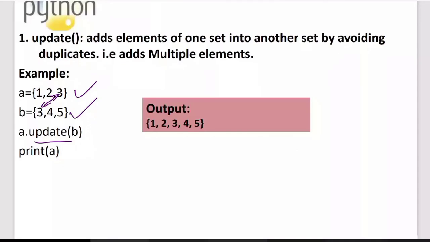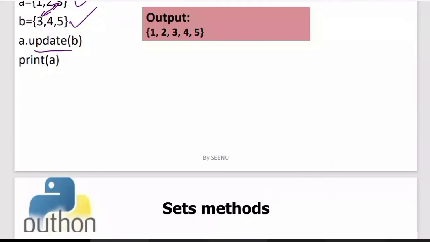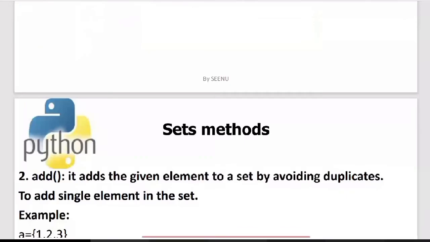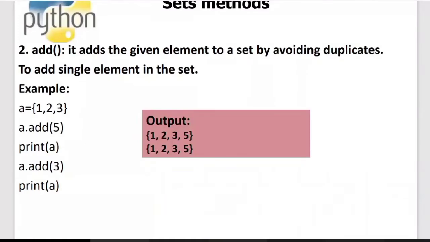Now the next method is called add. This add is similar to the update method, but the difference is it will take only one element. Update can take two sets and combine them, but add only adds a single element.